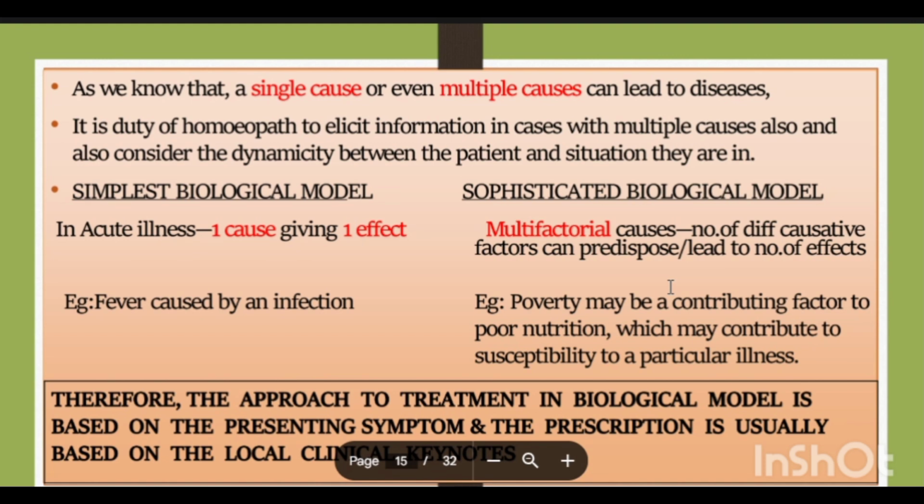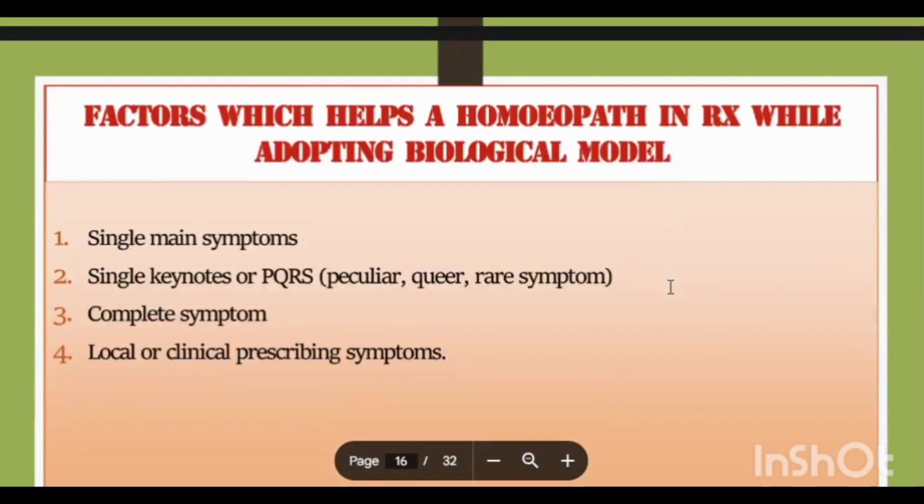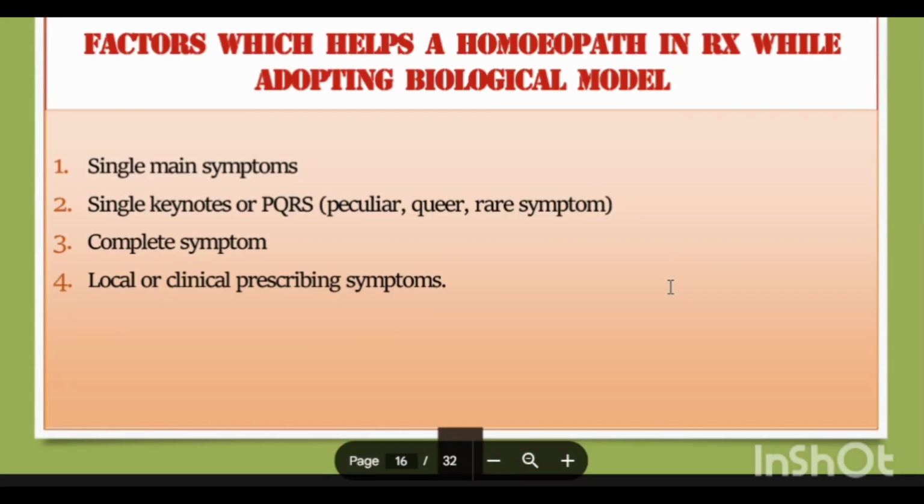So treatment in the biological model is often based on the main symptoms you see. A medicine is chosen based on the keynotes. Keynotes are strong, important, and strange symptoms. What helps us choose a medicine in this model? One single main symptom, one single PQRS.